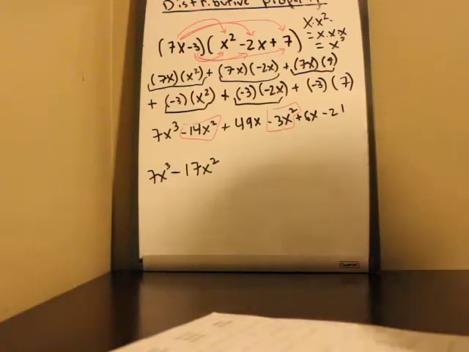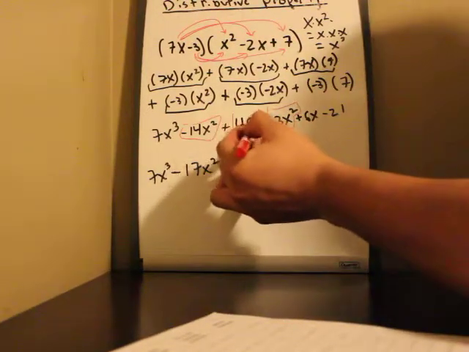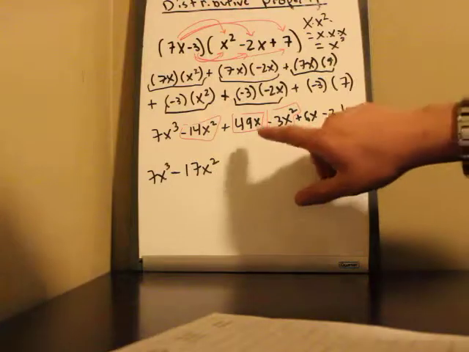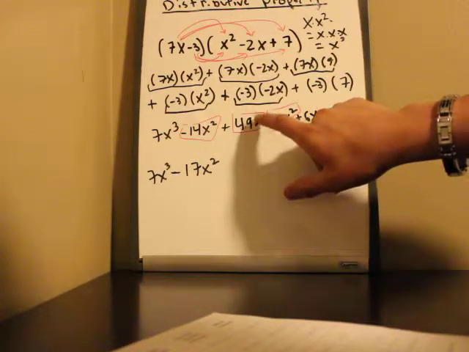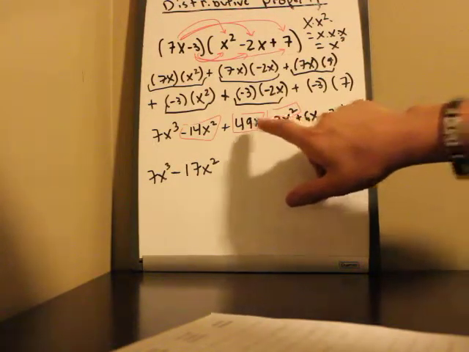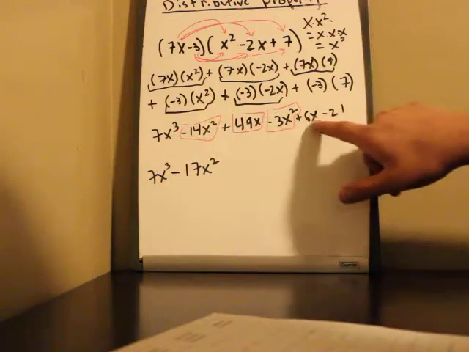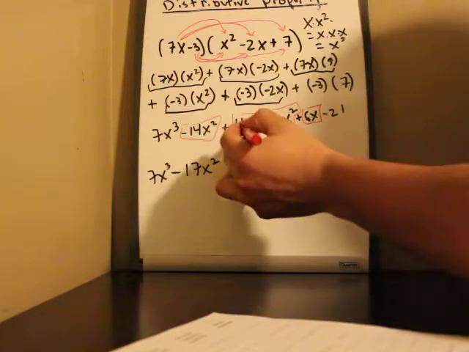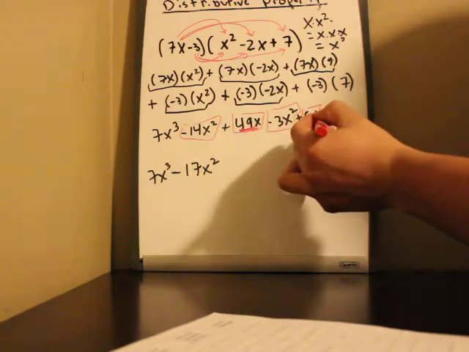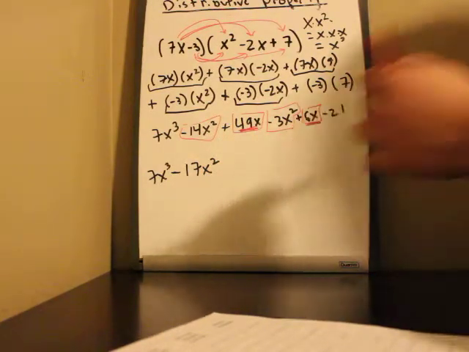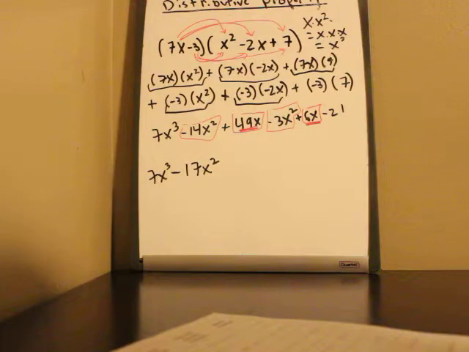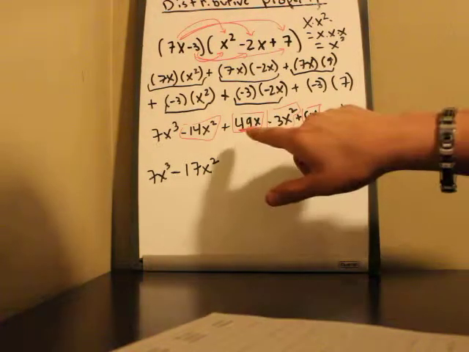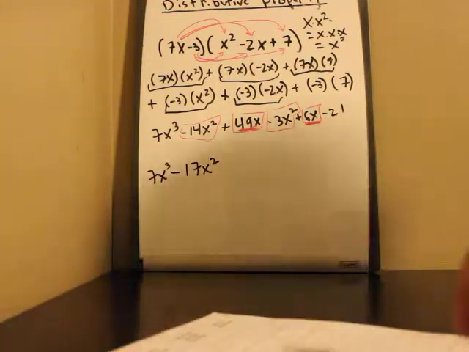Now I go to this, 49x. Do I have any other number that's also being multiplied just by an x raised to the 1 power? I look, we already took care of these ones. No. Oh, right there, 6x. So I can take the 49x and combine like terms with the 6x. 49x plus 6x is 55x.